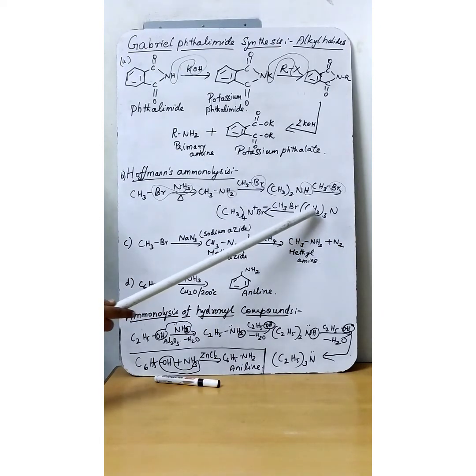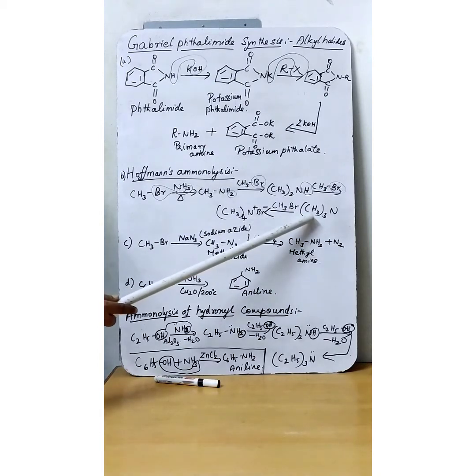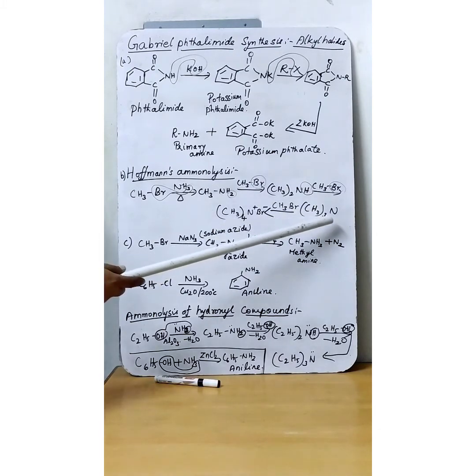After that, this tertiary amine combines with another one molecule of methyl bromide. You know ammonia means NH3. What is the formula for ammonium? NH4. Now another one molecule of methyl bromide combines. Is there any hydrogen on the nitrogen atom in a tertiary amine?